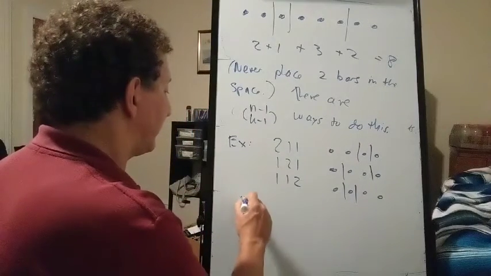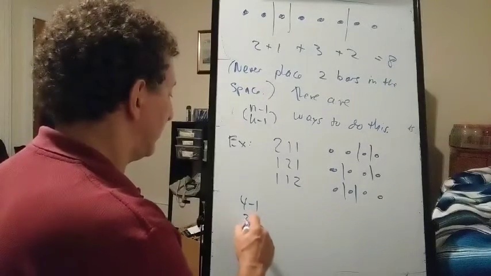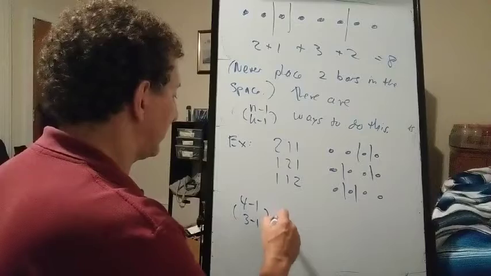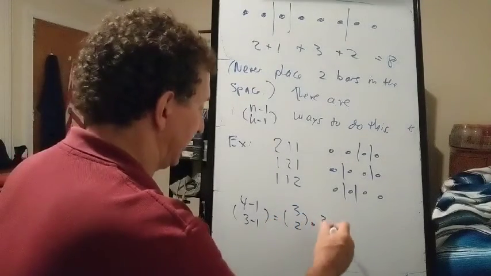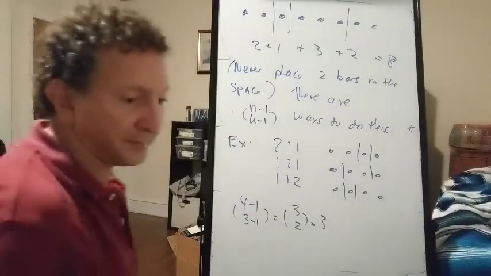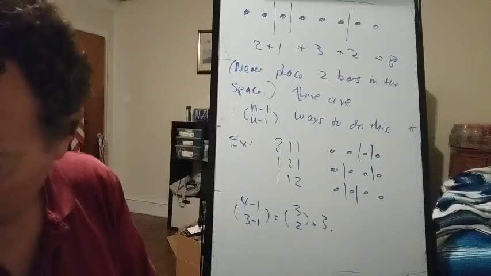So we should have 4 minus 1 choose 3 minus 1 ways to do this, which is 3 choose 2, which is 3. So that checks out. The end.